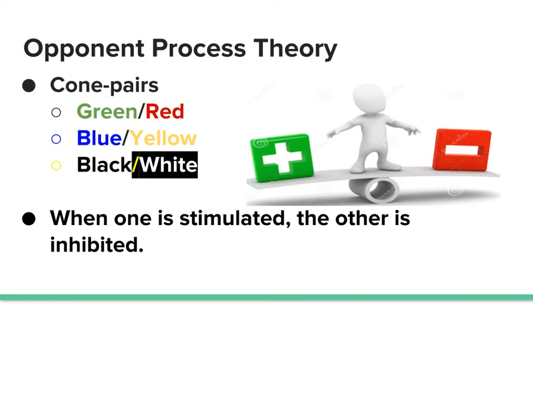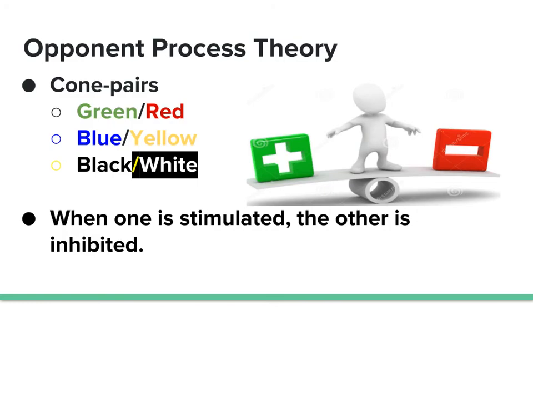Green cones that process green work with their red companions. Cones that process blue work side to side with their yellow companions. And cones that work with black, or no light, work with white light, which is a combination of those that process all lights together, which leads to white.